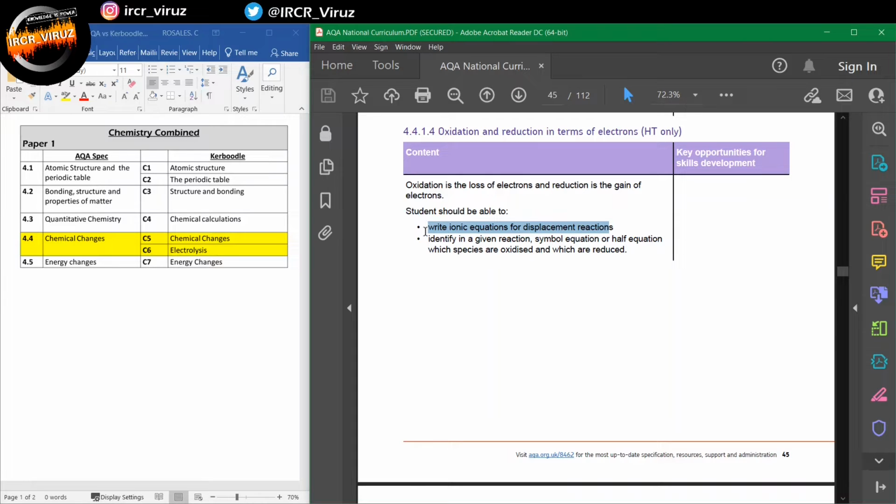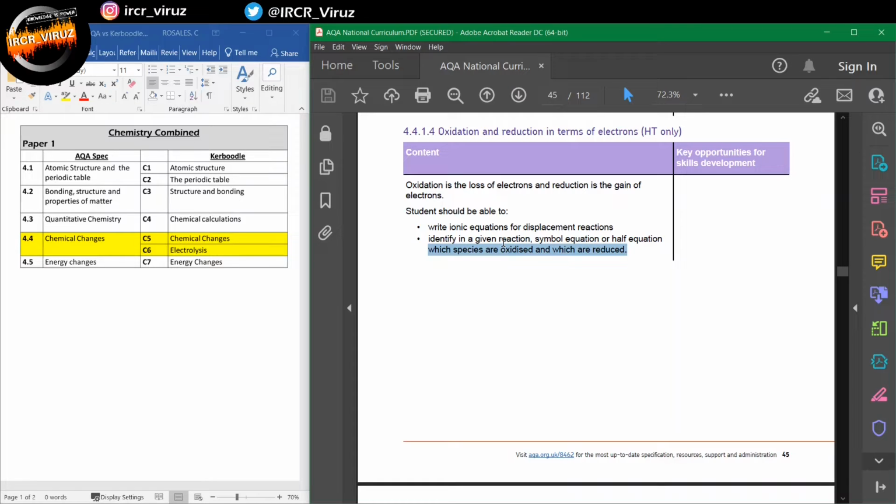Okay, identify and give, in given reaction symbol equations, half equations. So this is important because when we're talking about losing or gaining electrons, for instance lithium reacting with something else, because lithium is a metal and metals always give away electrons, all right, loss is oxidation, OIL: oxidation is loss of electrons.